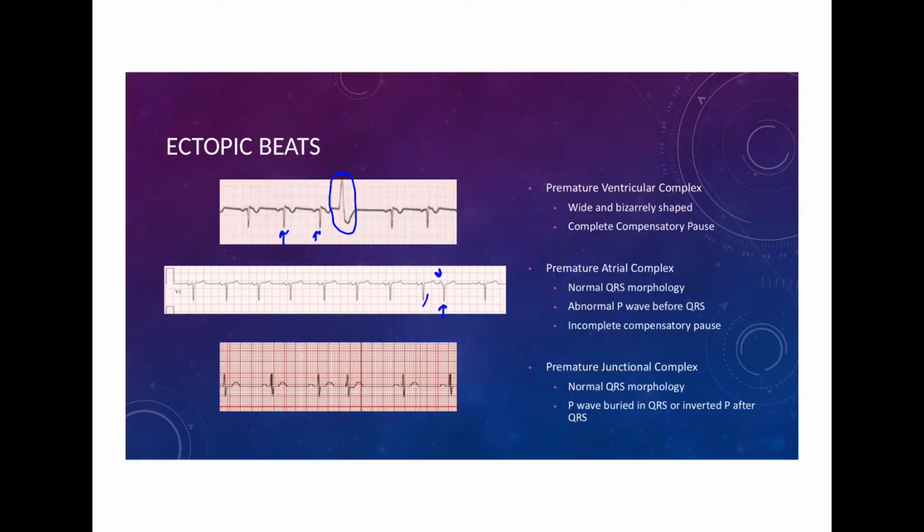So this P wave didn't come from the sinus node, it came from a different focus in the atria, and we call that a premature atrial complex. Finally, you can have a beat that's premature but isn't associated with a P wave at all. It's still narrow, looks like the other QRSs, but just doesn't have a P wave associated with it. And that's a premature junctional complex. It comes from an ectopic focus inside the AV node.